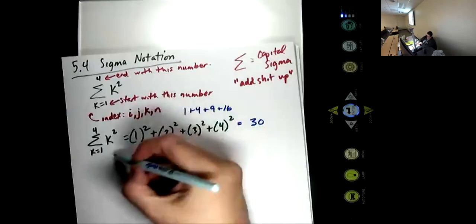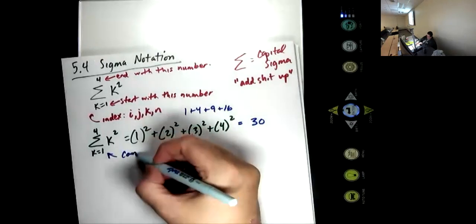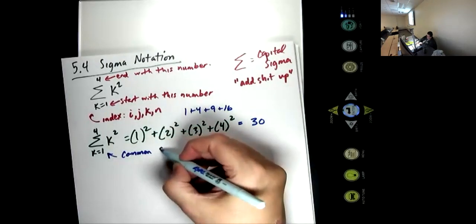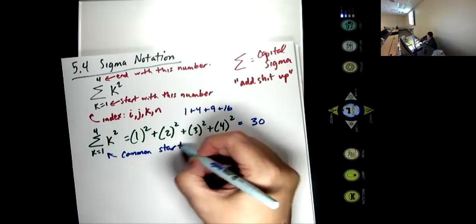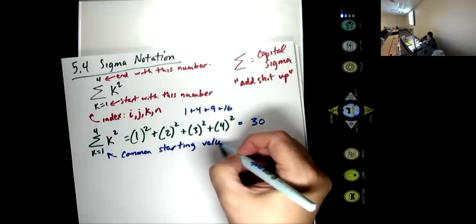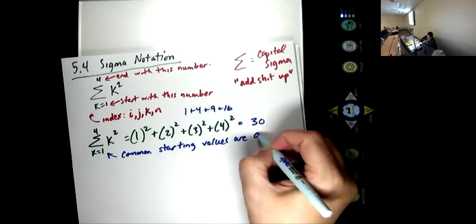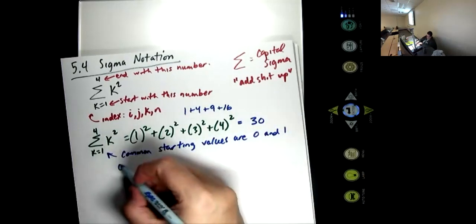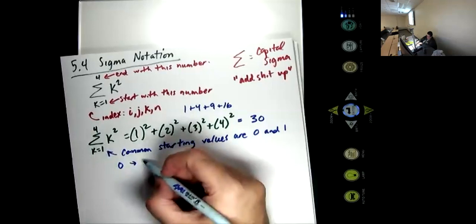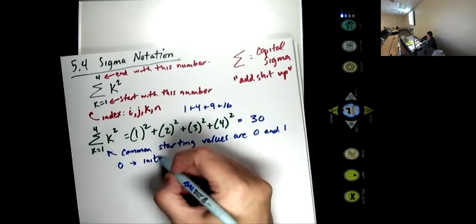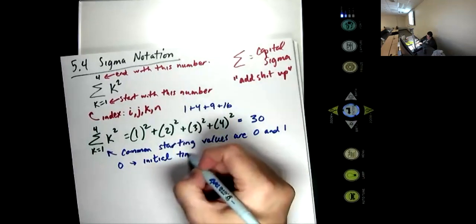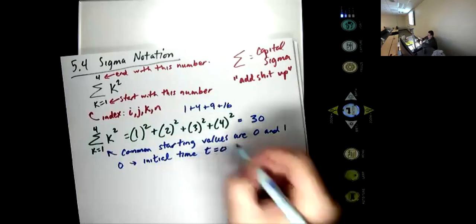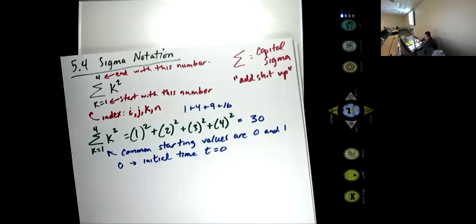Common starting values are 0 and 1. Those are the most common ones, but they don't have to be. Zero, because we generally say initial time is t equals 0. So if we're doing something with time, we might start with 0.